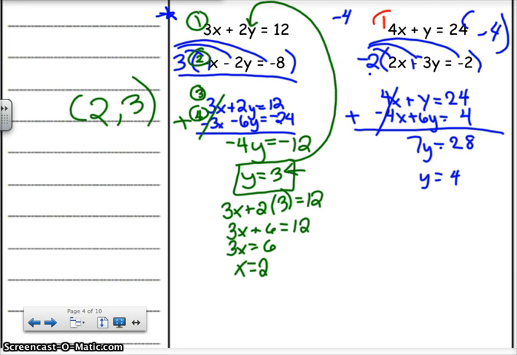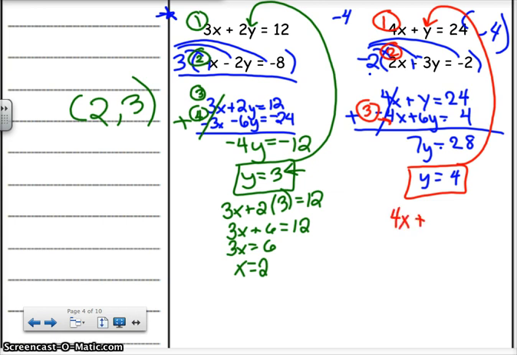Now I have 3 or 4 equations that I can go back to. Again, I have the top one, the one that I started with. I want to choose one with no negatives if I can, so I'm going to go to the top one. So the y is going to go there. I get 4x plus 4 equals 24.